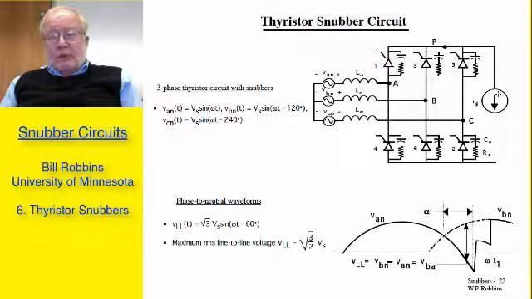Most of you probably will not be involved in the use of thyristors in high power circuits, and so your interest in thyristor snubbers is probably not very great, so I'm not going to get into the details, but I've provided the lecture notes in case some of you are interested in pursuing this particular topic.